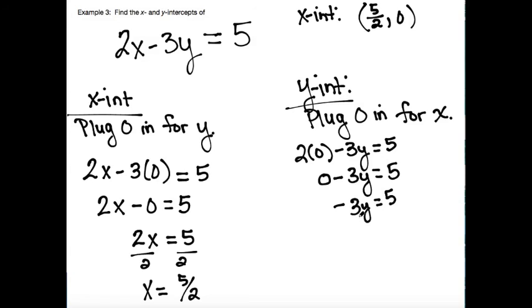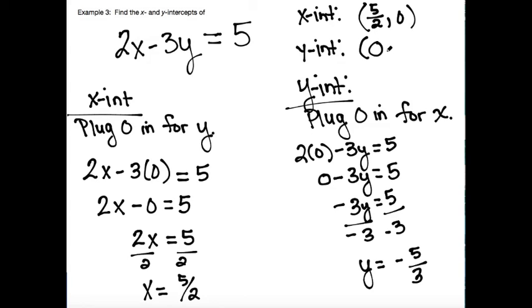I'm going to divide both sides by negative 3, which gives me y equals negative 5/3. If I wanted to write that as an ordered pair, it would be 0 for the x value and negative 5/3 for the y value. So there's my x-intercept and my y-intercept. Remember, for the x-intercept, you plug 0 in for y, and for the y-intercept, you plug 0 in for x.